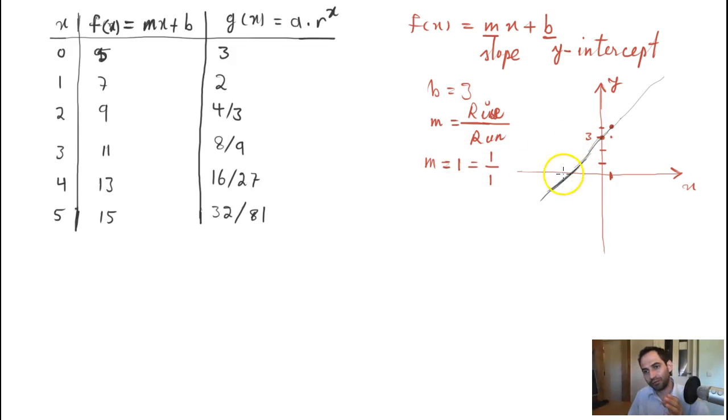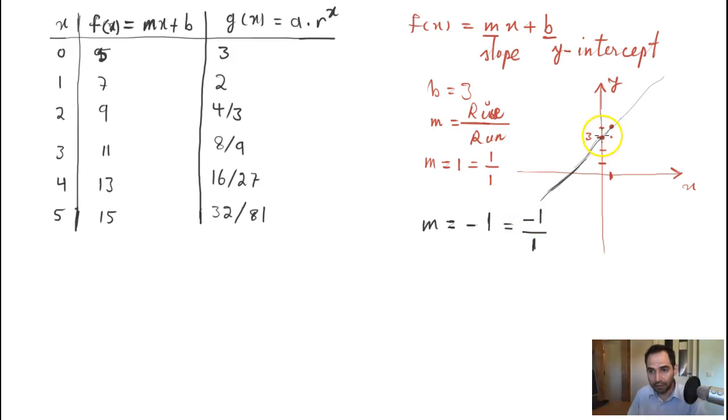Now if I were to have a function with the same y-intercept, b equal to 3, but a slope of -1, that means -1 over 1. So for every unit that you move in the horizontal direction to the right, you have 1 unit of vertical change in the negative direction, because you have a negative here.